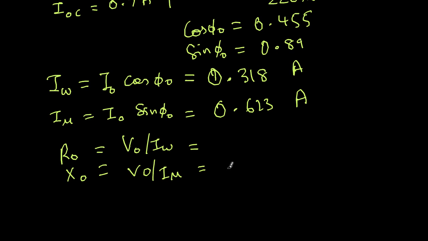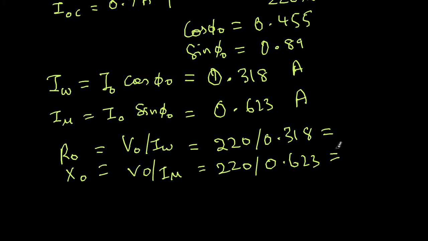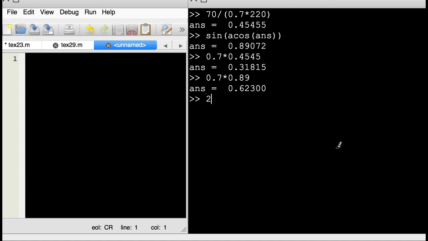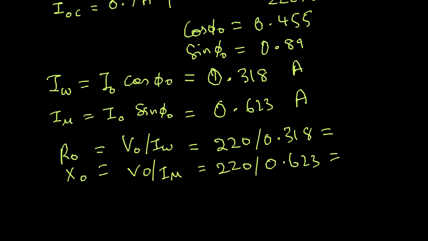So V naught is 220, I W is 0.318, and for X naught, 220 divided by 0.623. Let's do that. 220 divided by 0.318 gives 691.8, so I'll write 692 ohms approximately.